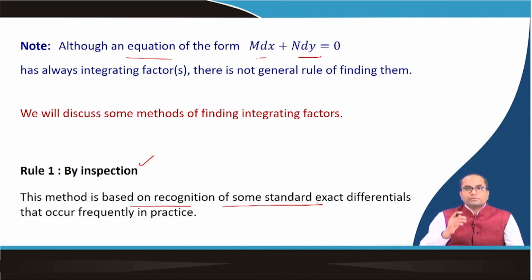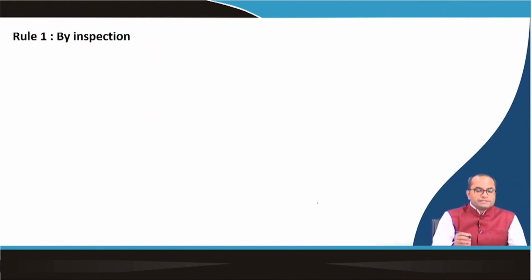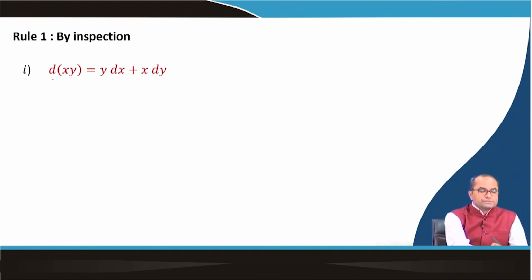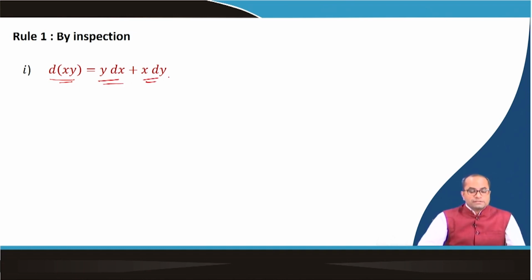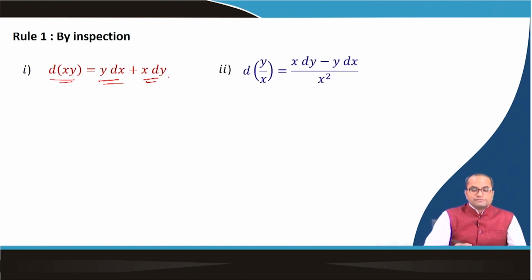So, here we have to keep in mind some exact differentials which can be there in the equation; just by some multiplication or manipulation we can get them in shape. For instance, we should know that d of x y, the differential of x y, is nothing but y dx plus x dy.